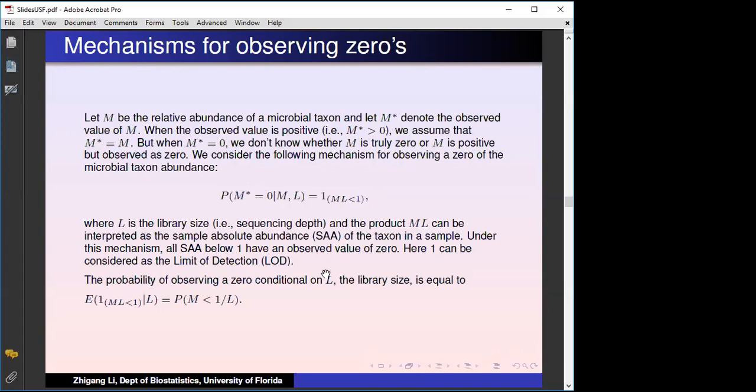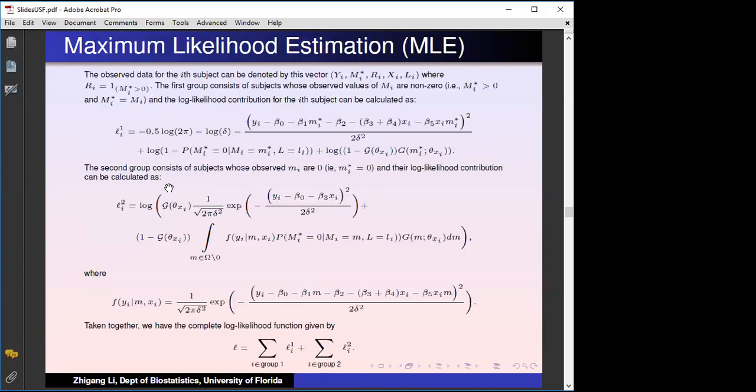So once we have this mechanism, we construct a log likelihood function and estimate the parameters. I will just ignore all these details. Once we estimate the parameters, we can estimate the mediation effects and construct a 95% confidence interval.